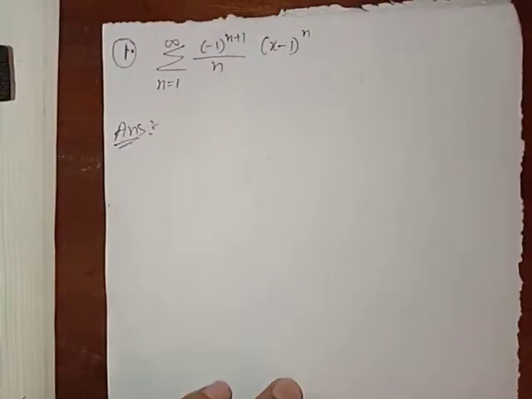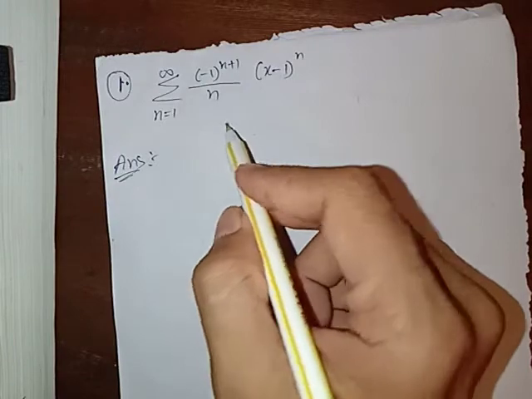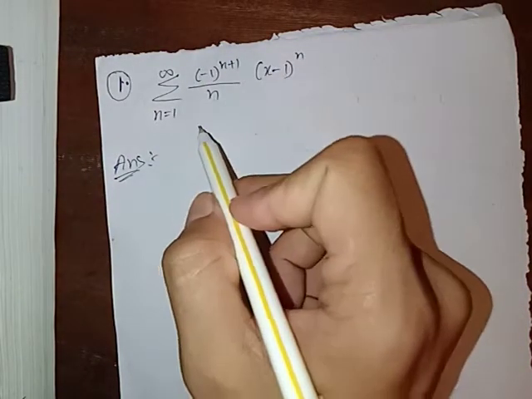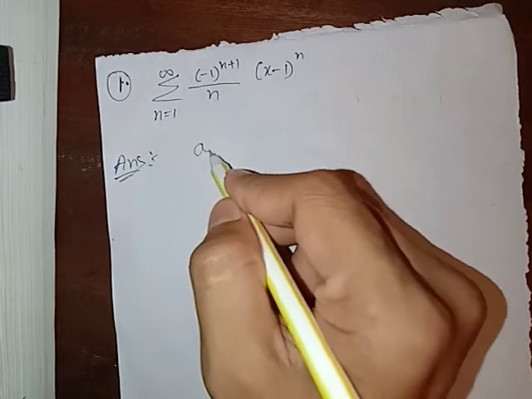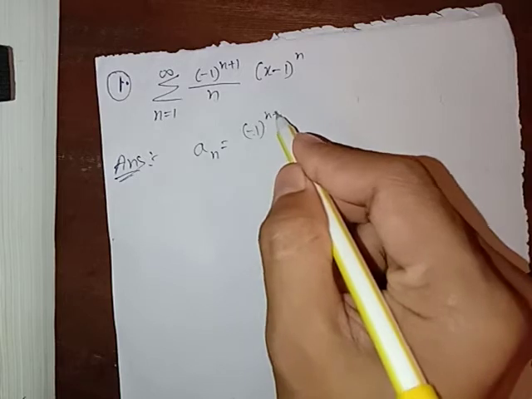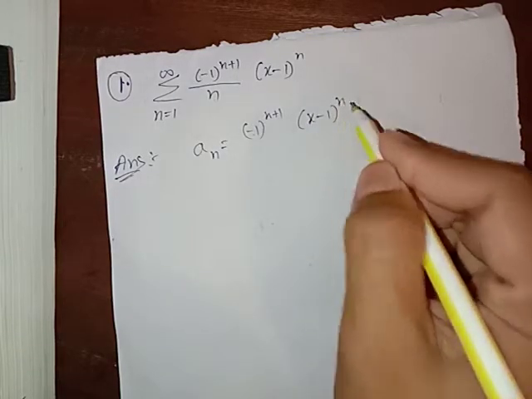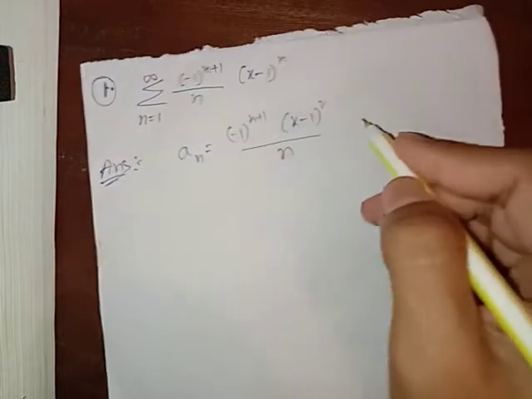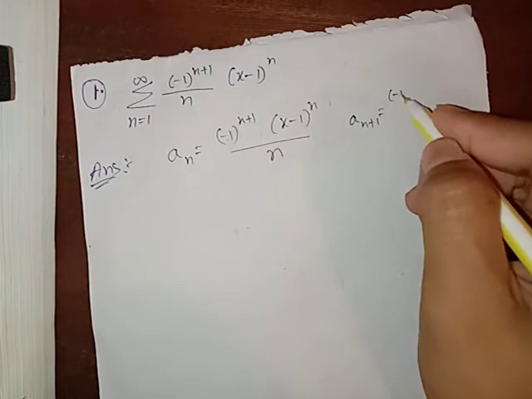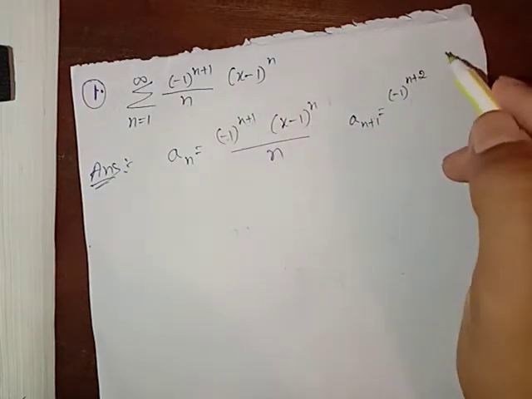Now here we can consider a(n) equal to minus 1 raised to n plus 1 into (x minus 1) raised to n divided by n, and a(n plus 1) equal to minus 1 raised to n plus 2.